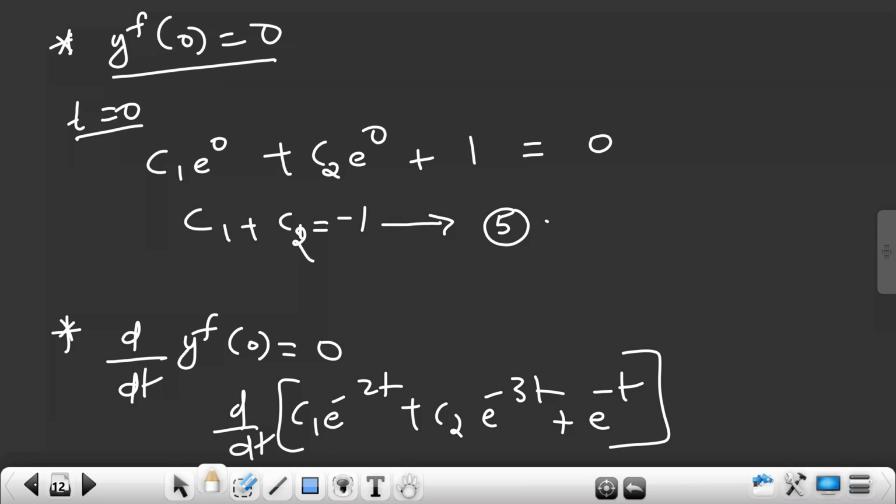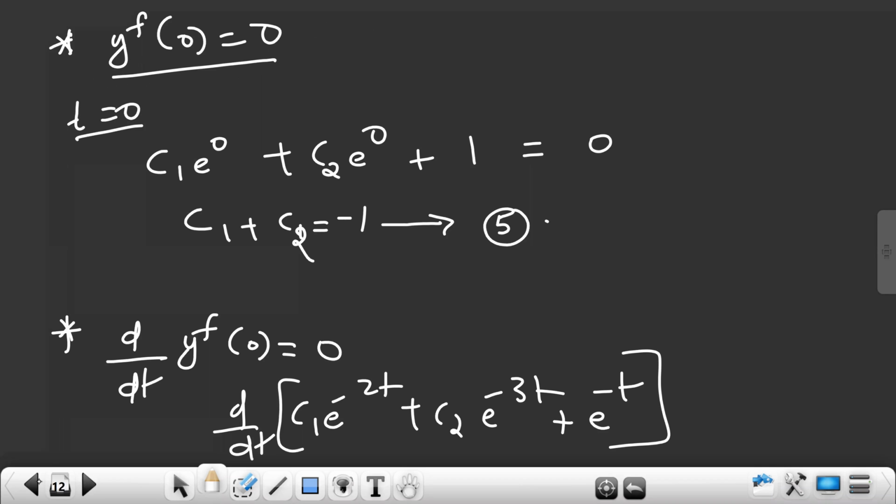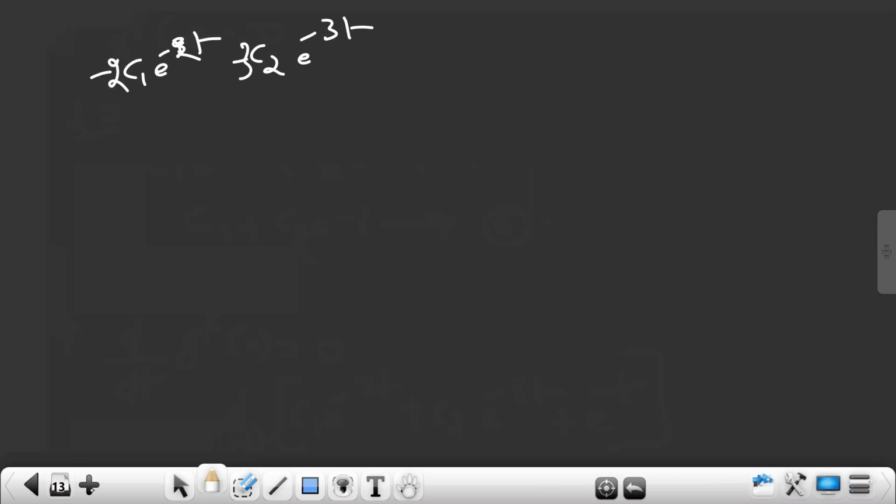C1 is constant. So minus 2C1 e to the power minus 2t minus 3C2 e to the power minus 3t minus e raised to minus t. This is your derivative.